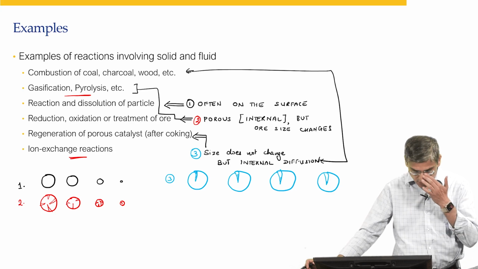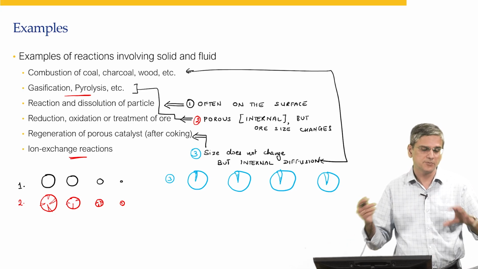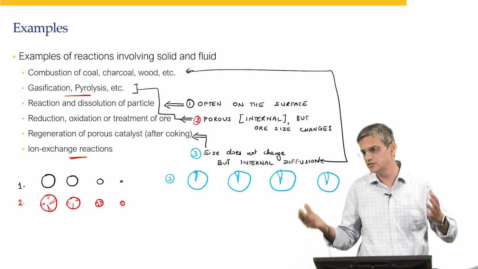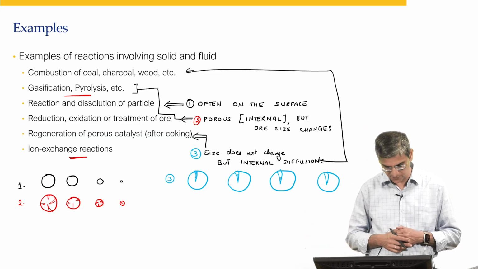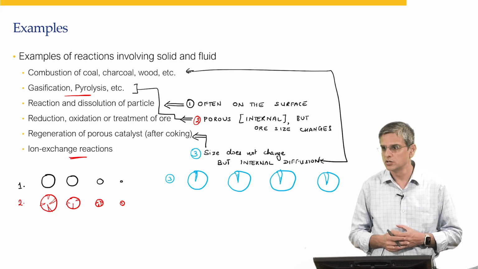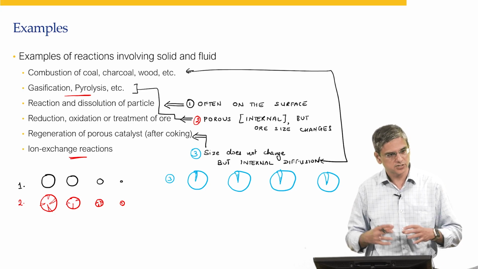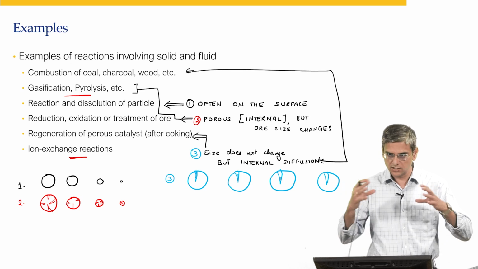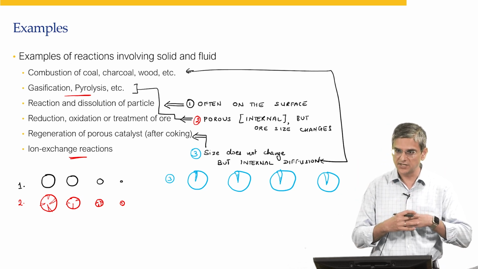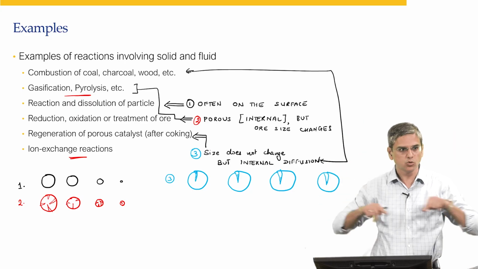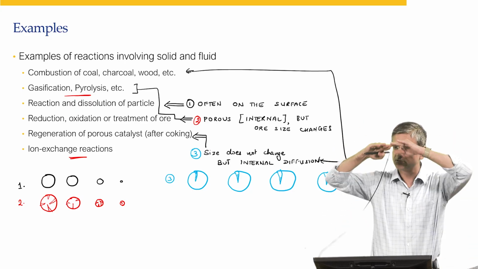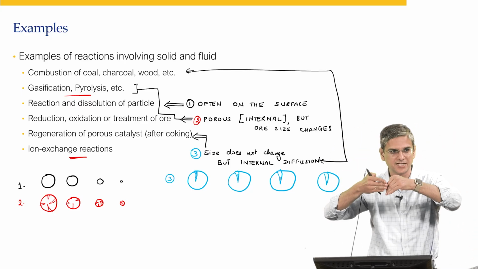There are other cases also, and that is where the porosity of the particle significantly changes as the reaction is taking place. For example, when it comes to treatment of ore, that would happen quite often. Not only is there internal diffusion taking place, the reaction doesn't only take place on the external surface, it will take place on the external surface as well as in the pores.